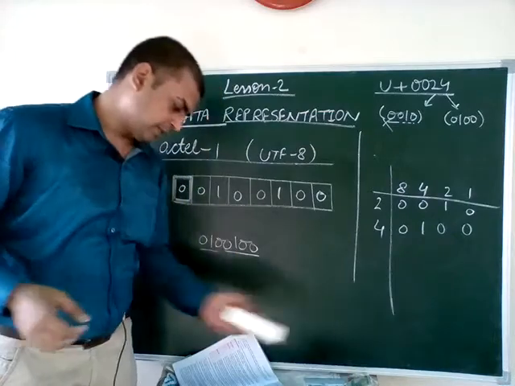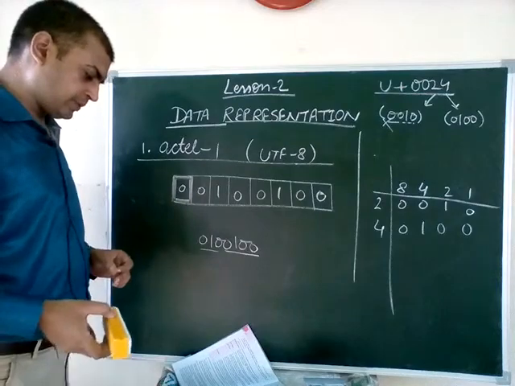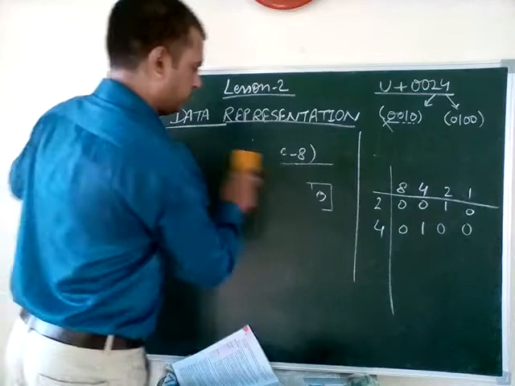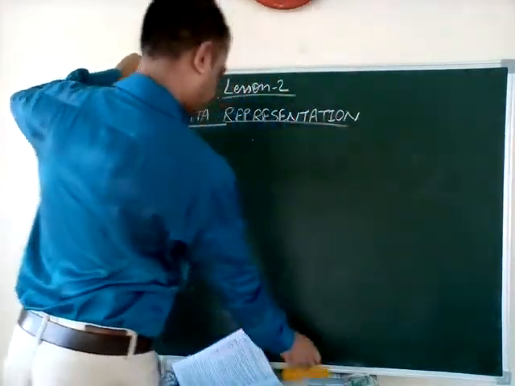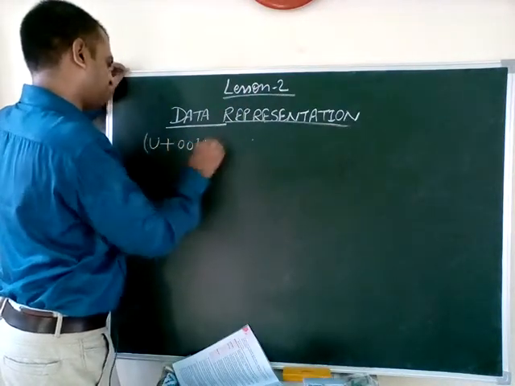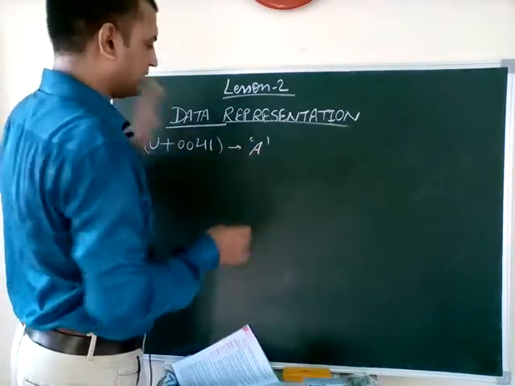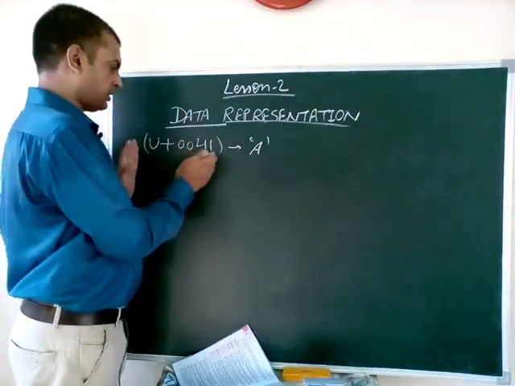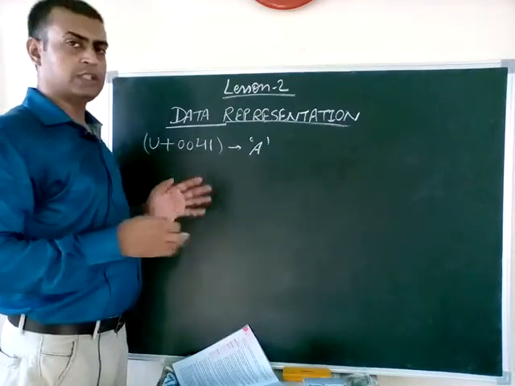Now with the help of a second example it will be more clear to you: U+0041. This is the next example, and its symbol is A. So the symbol is given to us, and the code is also given to us, and they are telling us to represent this code in UTF-8.